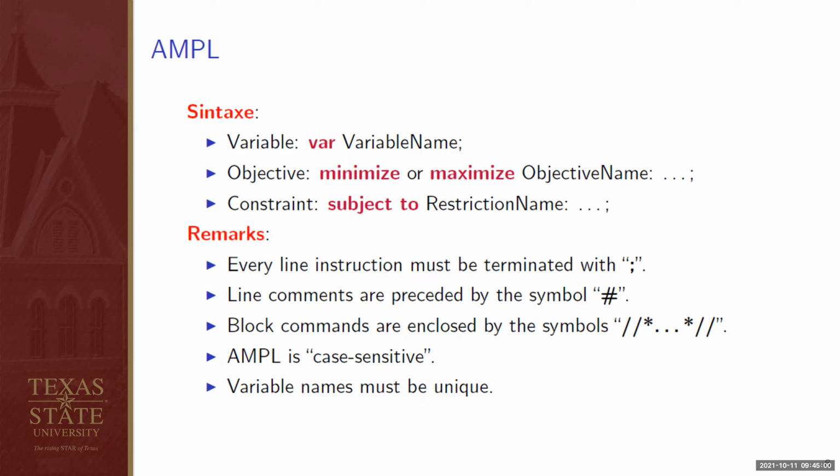Block comments are enclosed by these symbols. And AMPL is case sensitive. So if you are using capital letters for defining things, you have to use capital letters to code and so on. So it is case sensitive, and variable names must be unique. Every decision variable should have a specific and unique name.